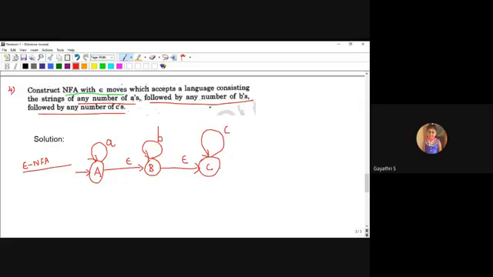I can also add one more state with epsilon, and this is the acceptance state, so I will make this C the acceptance one. This is the epsilon NFA for strings of any number of A's followed by any number of B's followed by any number of C's.